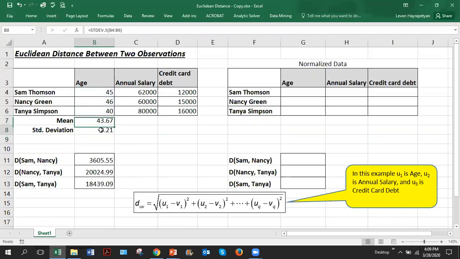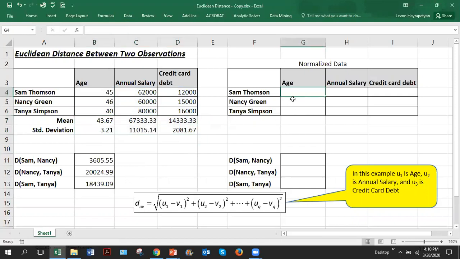So I have these two formulas for the mean and for standard deviation for the first variable. Now I will just select this range and drag, which means I'm copying those formulas. Here I have the average and standard deviation for salary. Here I have average for credit card debt and standard deviation. So I have my mean and standard deviations.